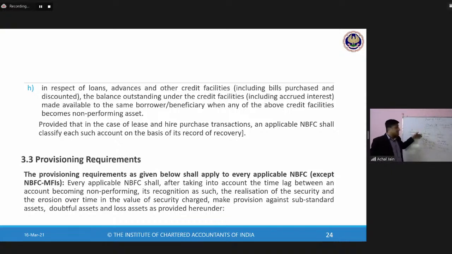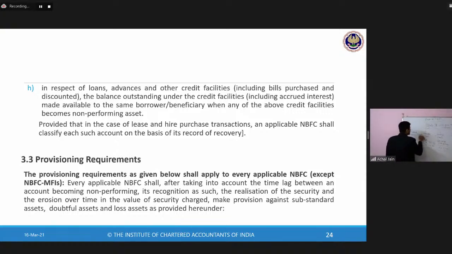Means on very same day it will not become substandard. It will take some time to become substandard because NPA has to stay NPA for at least 18 months to be called as substandard.